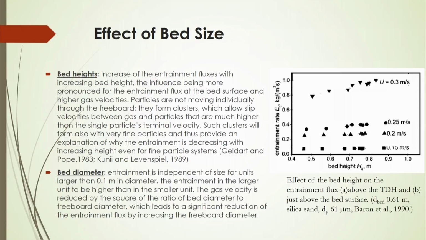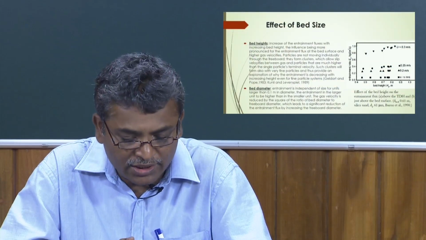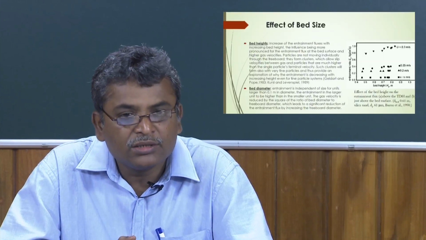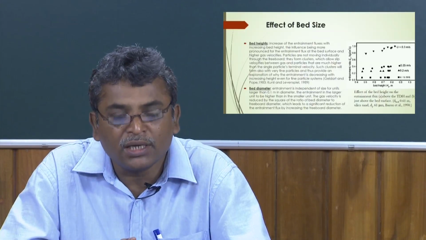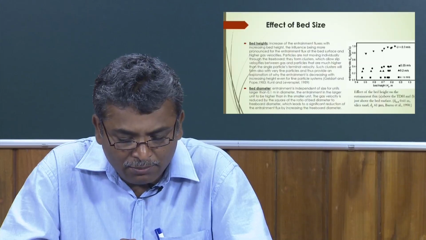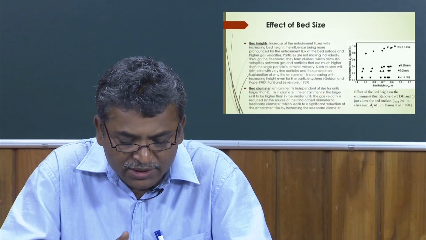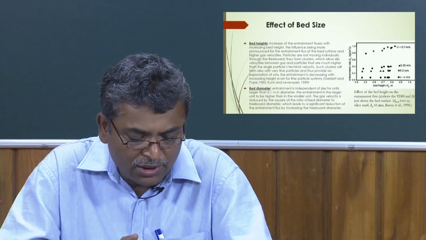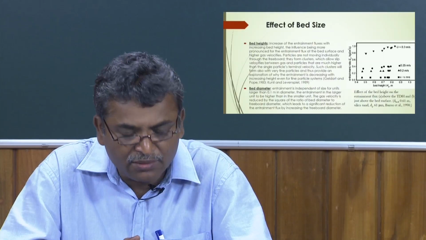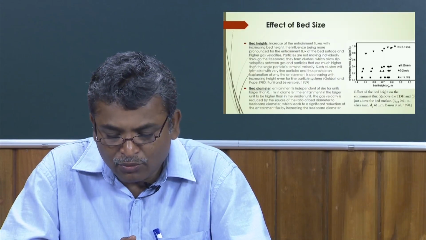If there is any cluster, then there will be an interaction, which also hinders the solid particles from moving upward and downward, and because of which there will be a change of entrainment inside the bed. The gas velocity is reduced by the square of the ratio of bed diameter to freeboard diameter, which leads to a significant reduction of the entrainment flux by increasing the freeboard diameter.